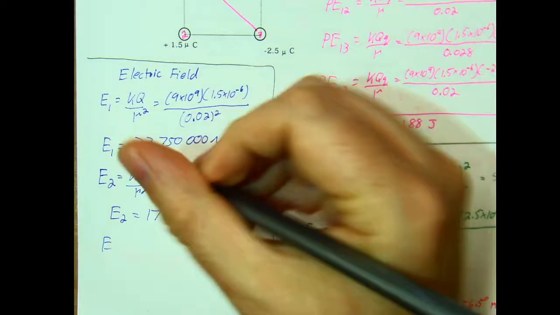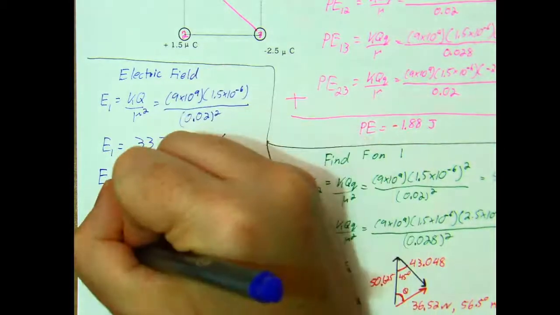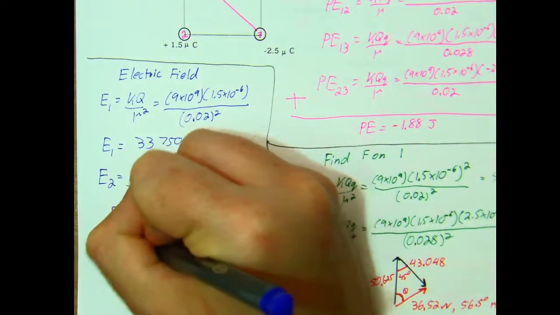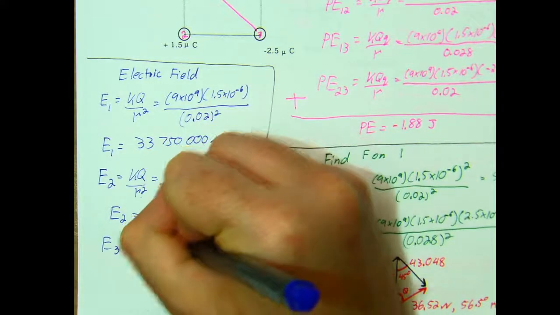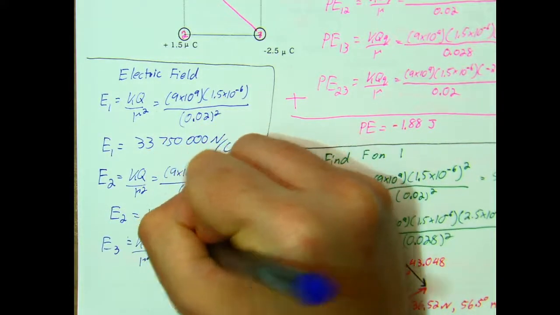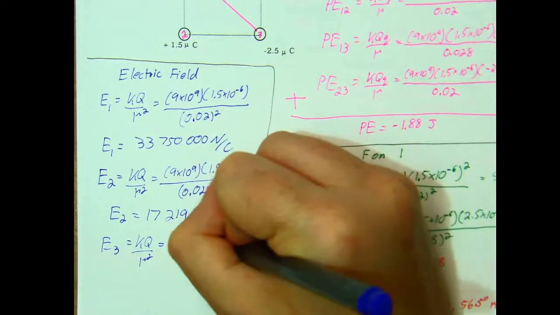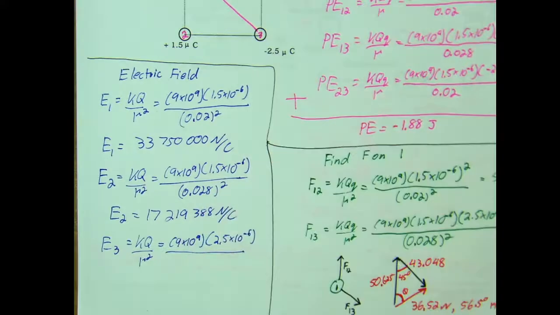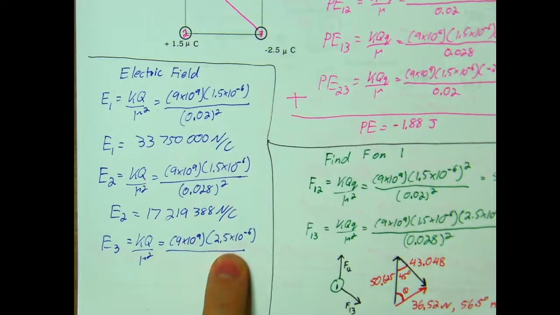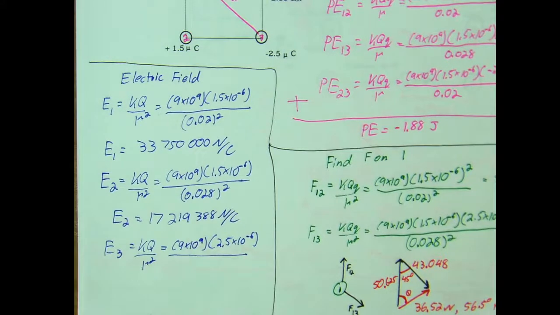And then E3 is kq over r squared, and that's going to equal 9 times 10 to the 9. The charge down there is 2.5 times 10 to the negative 6. So just like forces, we don't use the positive or negative charge, we just use that for direction.